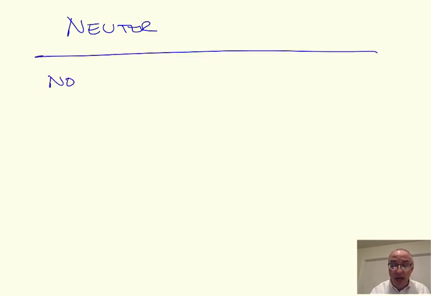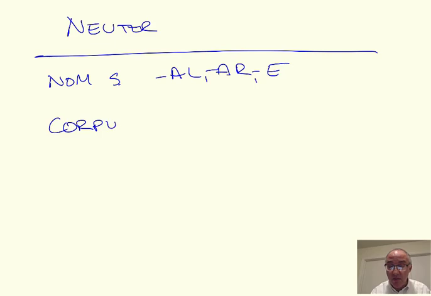The rule for neuters is a little different. Neuter I stems, if the nominative singular ends in AL, AR, or E. That's it. For example, corpus, corporis. Neuter. Does that end in AL, AR, or E?